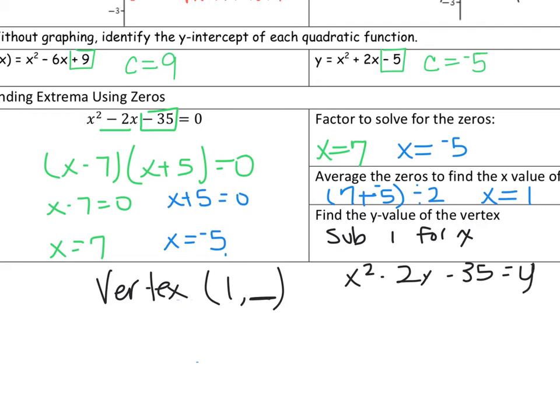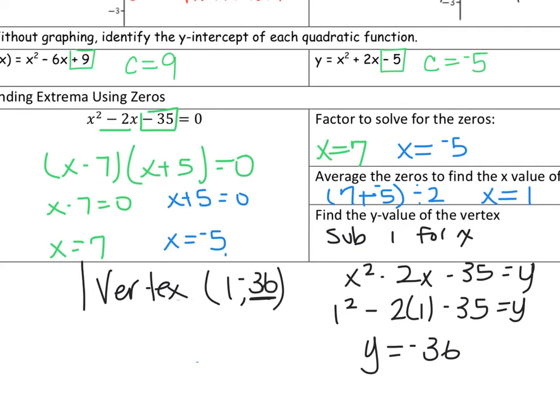So 1 squared minus 2 times 1 minus 35 equals y, and what we end up with is y equals negative 36. So our vertex, or our extrema, our maximum or our minimum, in this case a minimum, is at (1, -36).